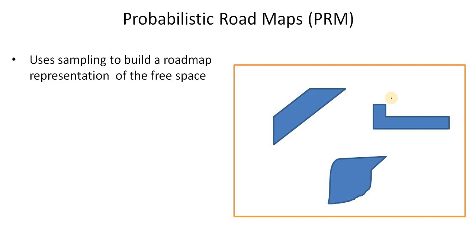In short, we call them PRM algorithms. They use sampling to build a roadmap representation of the free space. They sometimes use random sampling, and sometimes deterministic sampling, to show where the free space is located.